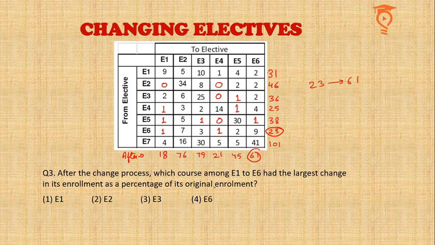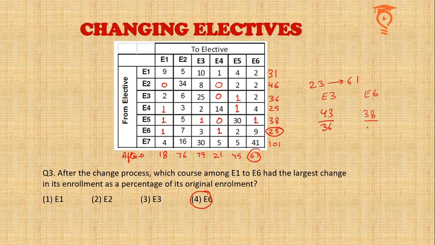If you want to find out, you can figure out the actual percentage also, but there is no need. I told you the shorter technique, but if you wish to, I can just tell you if there is a doubt between E3 and E6. So for E3, the increase is of 43 by 36. This is the percentage for E3, and for E6 the percentage will be like 38 upon 23.